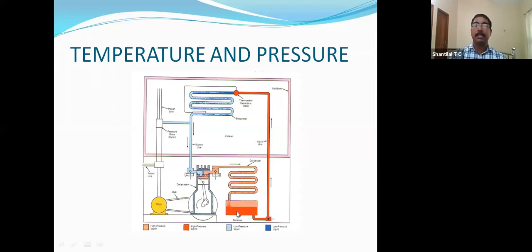So there are two types initially: temperature control and pressure control, required in the system for smooth operation. Today we can go through temperature controlling and pressure controlling.